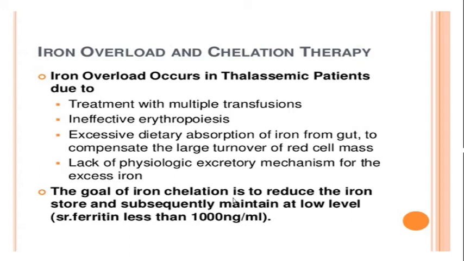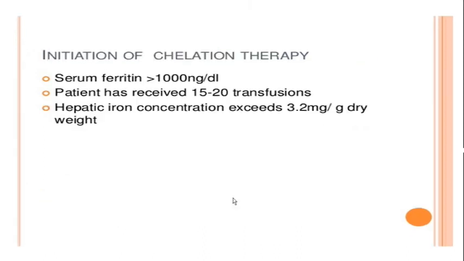Once the serum ferritin level is more than 1000 nanogram per deciliter, we have to consider iron chelation therapy, or if the patient is receiving around 15 to 20 transfusions in a year, or if the hepatic iron concentration exceeds 3.2 gram per gram dry weight, we should consider chelation therapy.